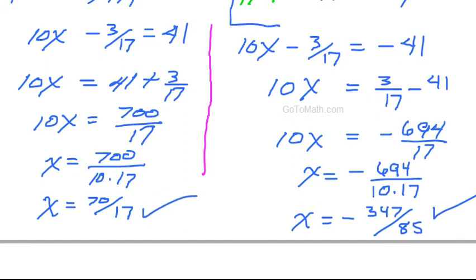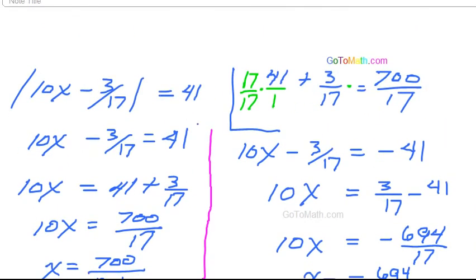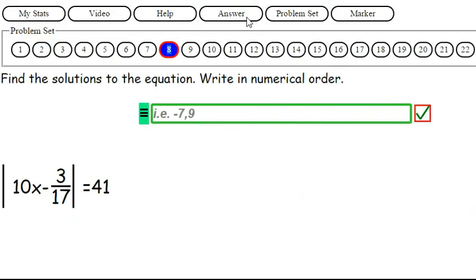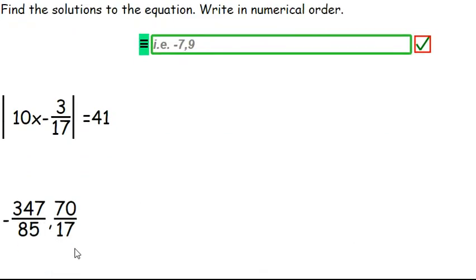Now remember, you can always check those by taking them and bringing them up over here, plugging them in, and this side should equal 41. And if it doesn't, then that means that solution is not correct. So let's remember our numbers here: negative 347 over 85 and 70 over 17.